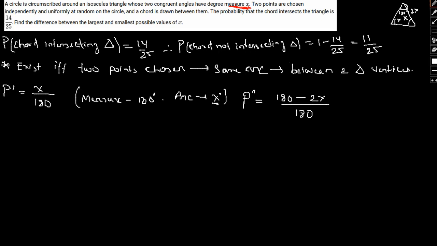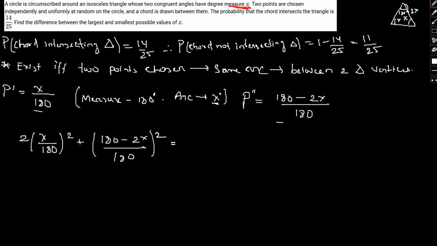Now we can represent these two equations as 2 times (x/180) squared plus (180 minus 2x)/180 whole squared, which will be equal to 11/25.